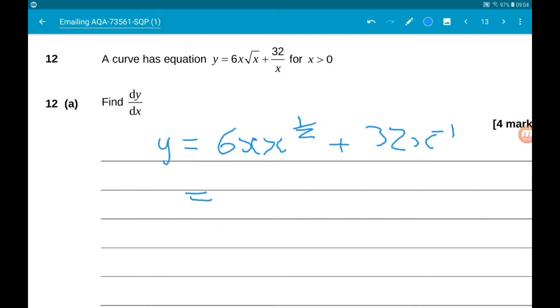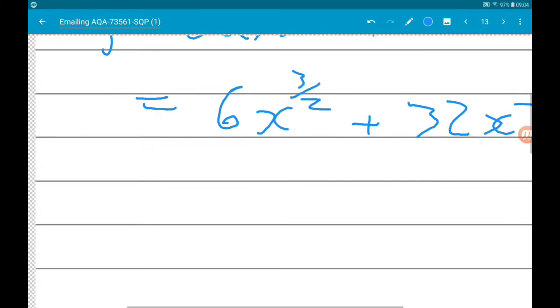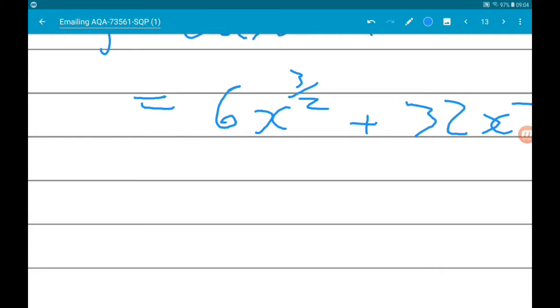When we multiply by x to the power of a half, we add the indices, so we get 6x to the 3 halves, add 32x to the minus 1. Okay, so now we're ready to differentiate.